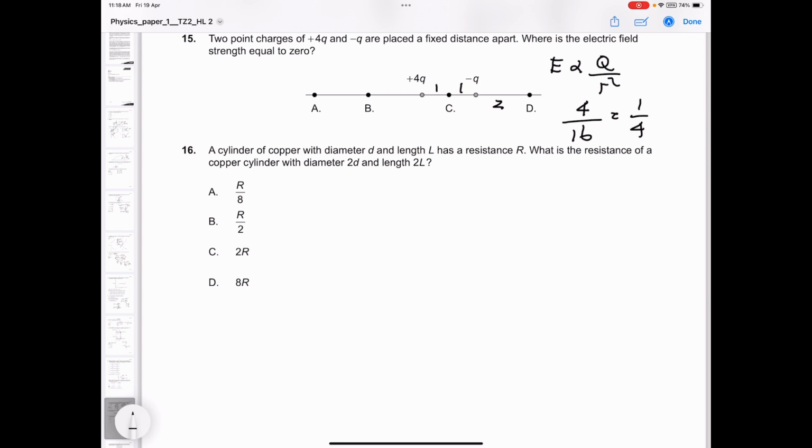So if we start then at minus Q and we go out towards D, then we have just Q by itself, so that's 1, divided by 2 2s are 4, that's equal to a quarter as well. So this is minus a quarter, this is plus a quarter, so the field strength is equal to 0 at D.